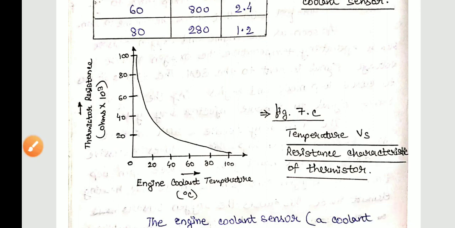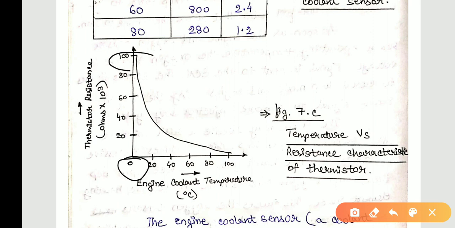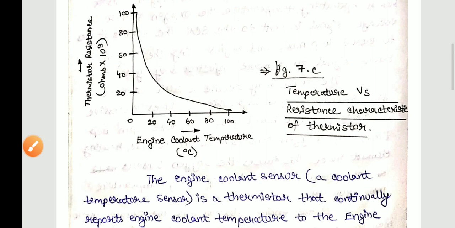At the point of starting, when the engine temperature is 0 degrees centigrade, it gets maximum thermistor resistance. Now let's suppose the engine coolant temperature moves on to 40 degrees centigrade. Now see what happens. This thing moves up to here. So these are the characteristics.